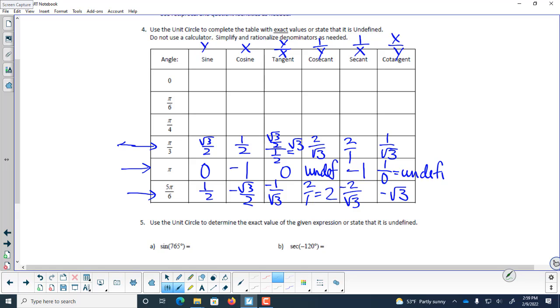I think the pi over 3 looks okay. This one you would write as just 2 is fine. Okay.